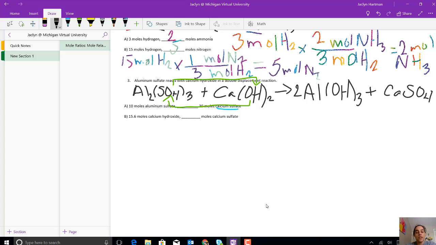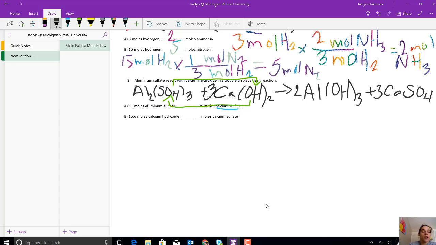For sulfate, I have 3 sulfates on the left and I have 1 sulfate on the right. So I'm going to put a 3 out in front here. And so now I have 1 calcium on the left and I have 3 calciums on the right. So I need to put a 3 here. And here I have 3 times 2 is 6 hydroxides, and here I have 2 times 3 on the right, 6 hydroxides. So this is now a balanced reaction.